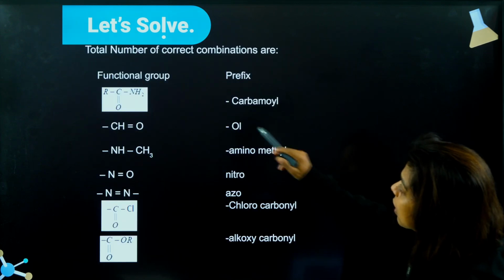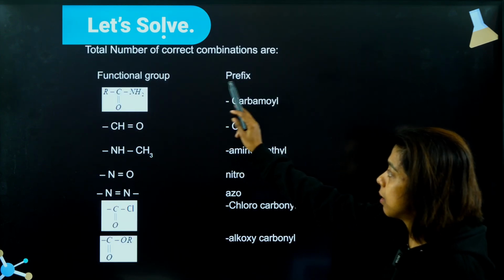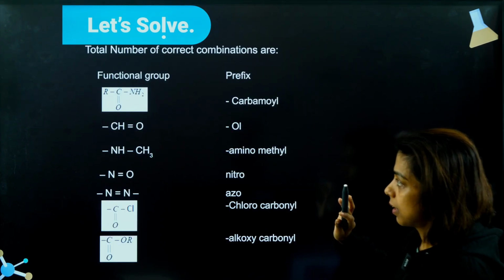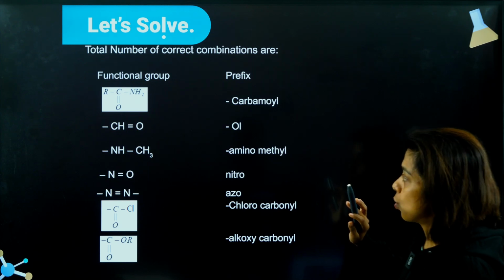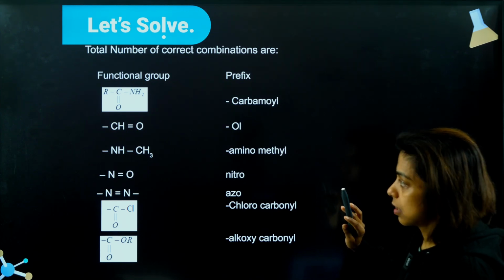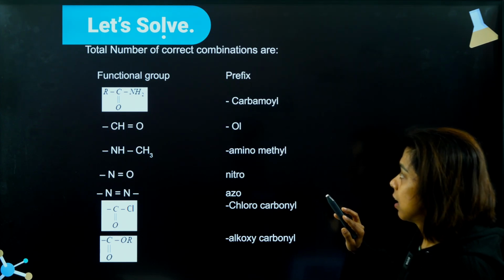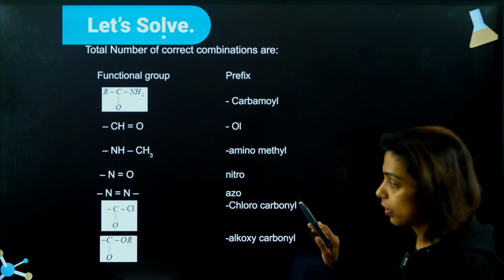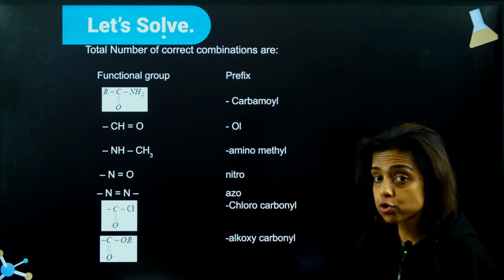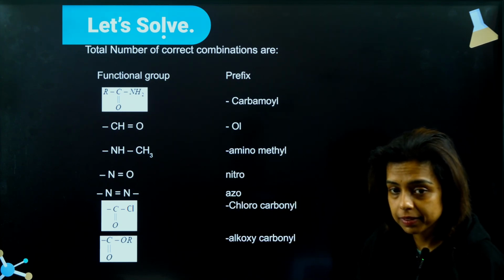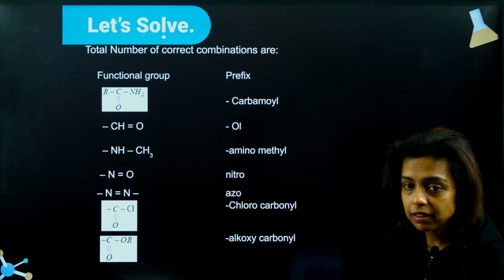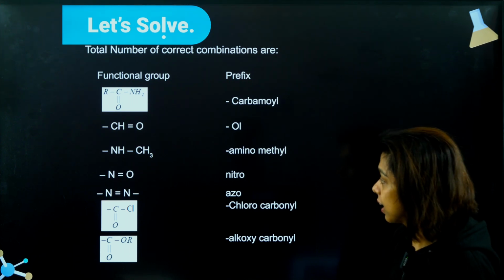Okay. So functional group is this and prefix is this. CONH2. The prefix used here is carbamoyl. Perfect. CHO prefix used is oxo or formyl. Yes. Done. That is also incorrect.